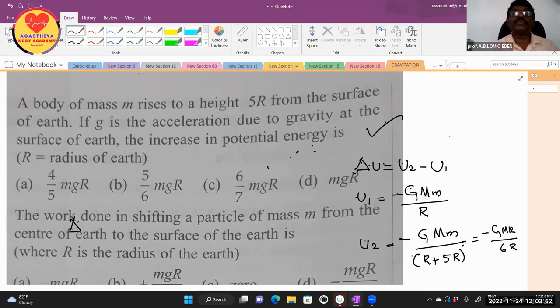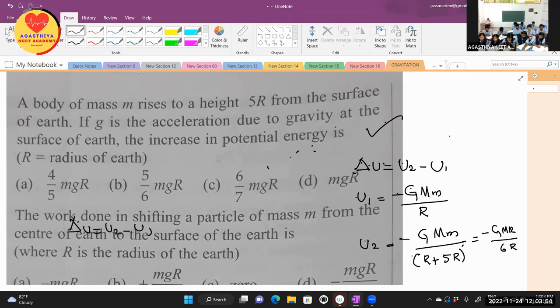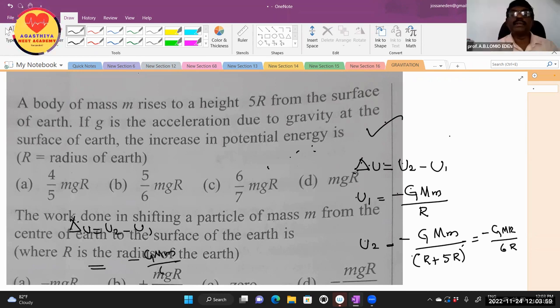Now subtract these two values. Minus G, capital M, small m divided by 6R. Minus of minus is plus.